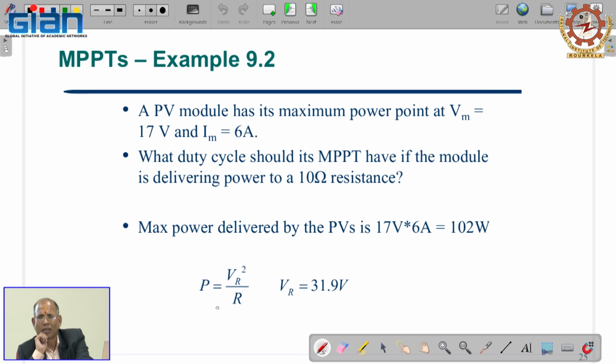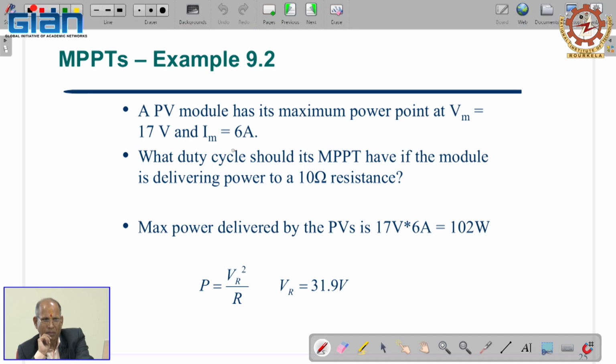You know the relation P is equal to V square by R. So using this power of 102 watts and resistance of 10 ohm, it gives you the voltage across the load as 31.9 volts. Okay, so you have your input voltage of 17 volts.